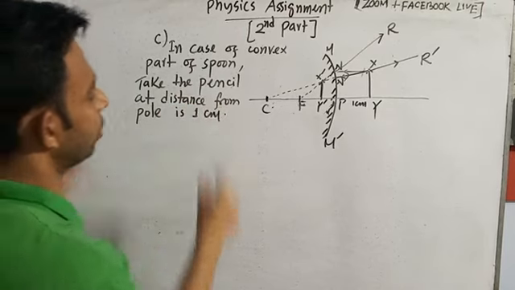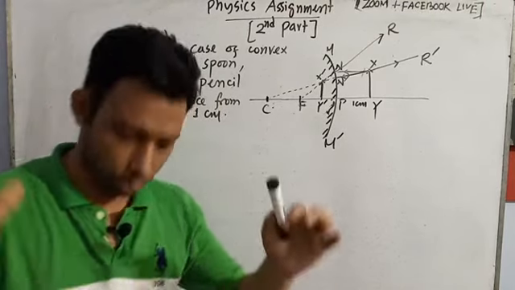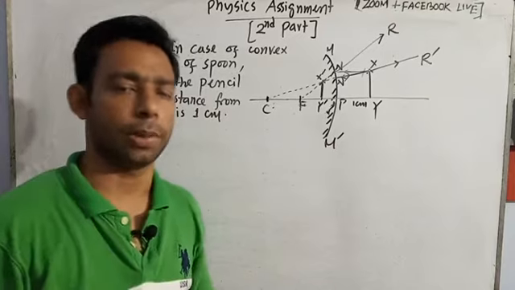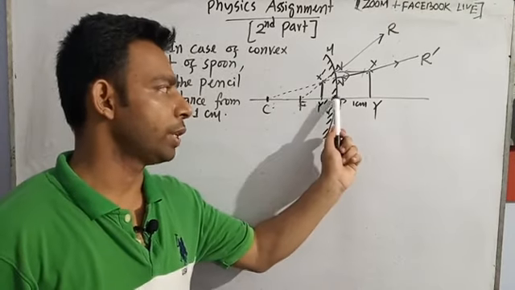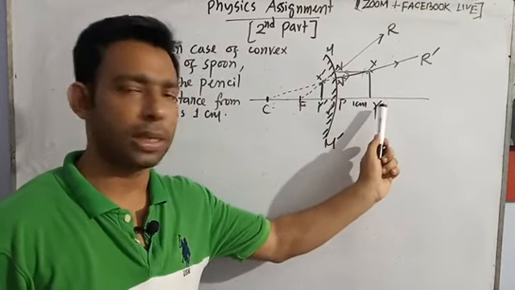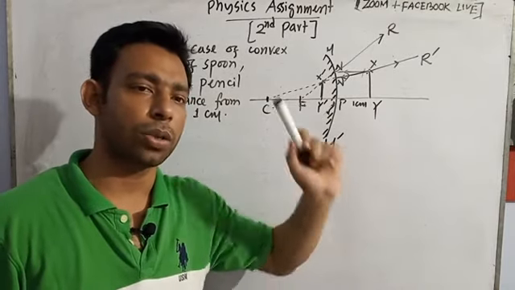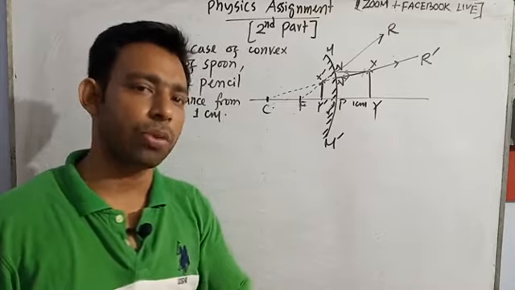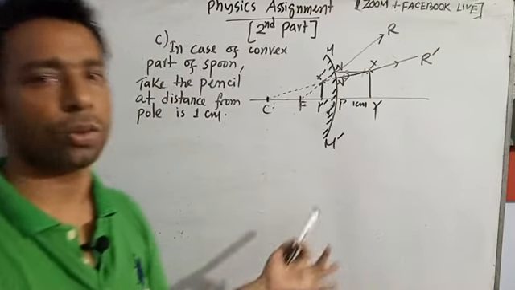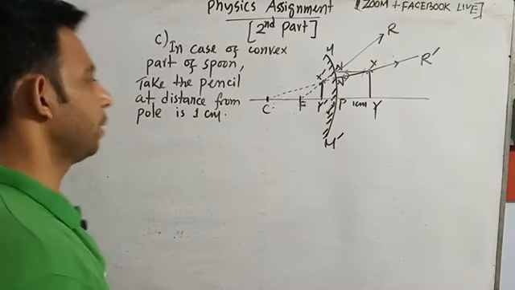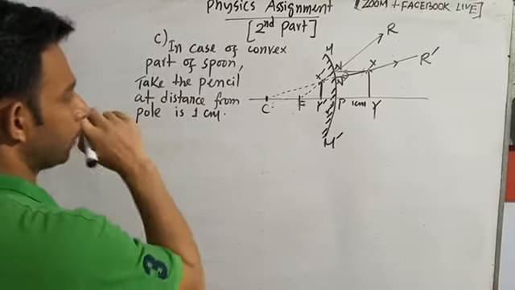I take this one. Don't think that it must always be 1 centimeter. No need. You can take the distance from here to the object position or pencil position as 2 centimeters, 4 centimeters, anywhere you can take. It is not instructed that you take 1 centimeter only. I take 1, so I will just take 1 there.